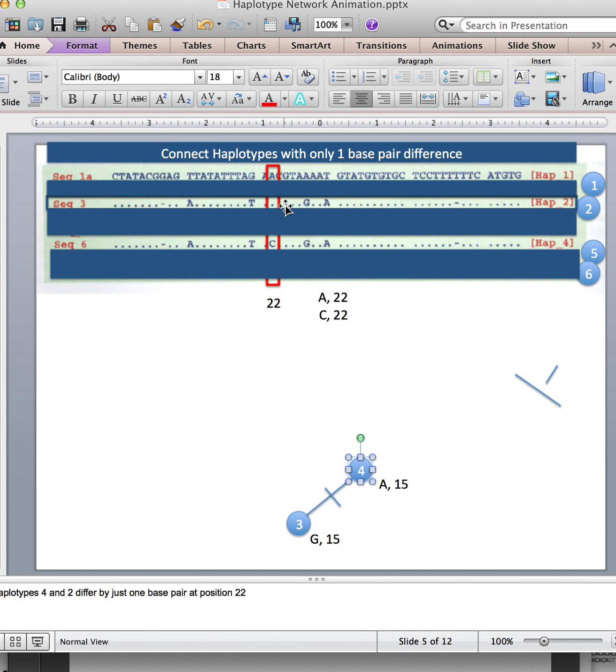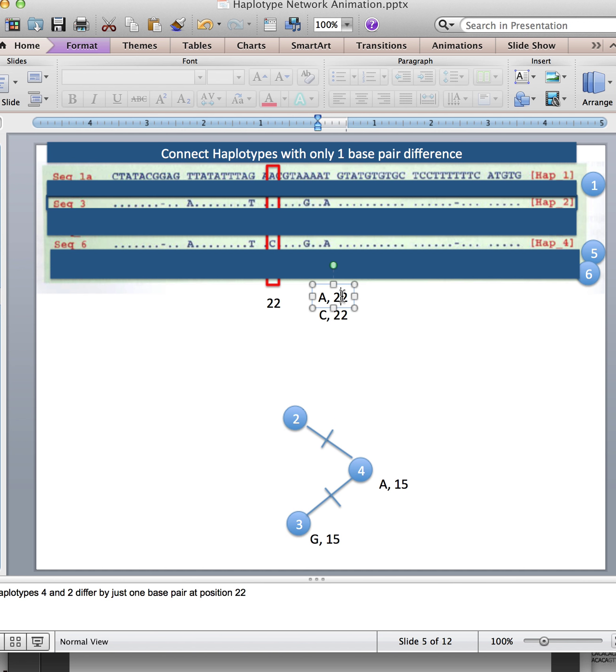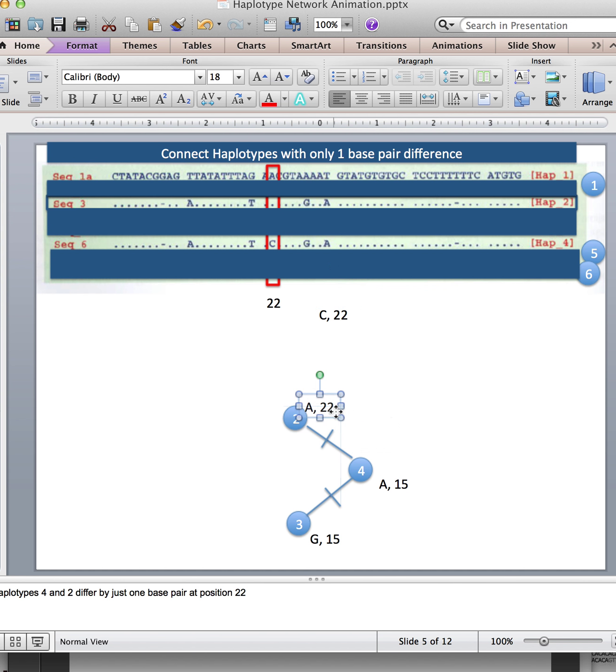So you can see that at position 22, haplotype 2 here has an A, and haplotype 4 has a C. So I'm going to put my haplotype 2 here, I'm going to connect it, and then I'm going to put in one hash mark showing that there's one base difference, and then I'm going to remind myself by putting a little notation here that haplotype 2 has an A at position 22, and then I'm going to move this over here to remind me that haplotype 4 has a C at 22.